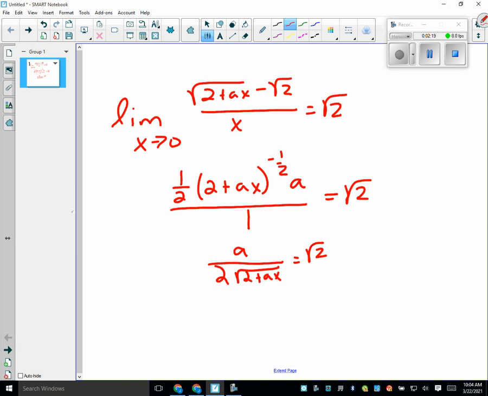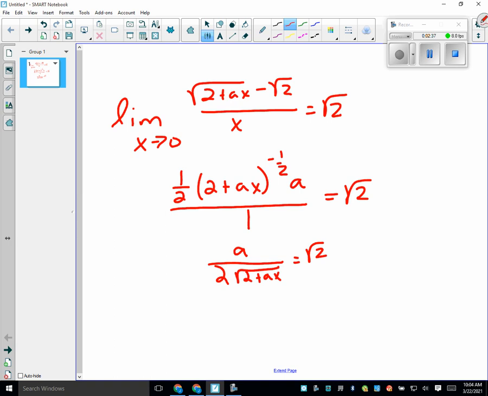Okay. What do you do with the minus radical 2? What's the derivative of a number? 0.